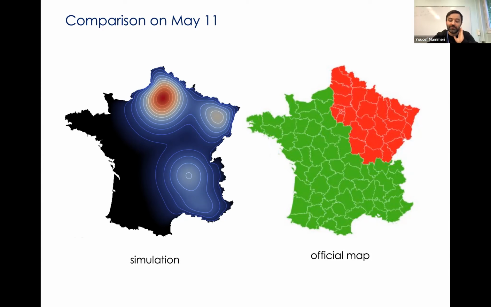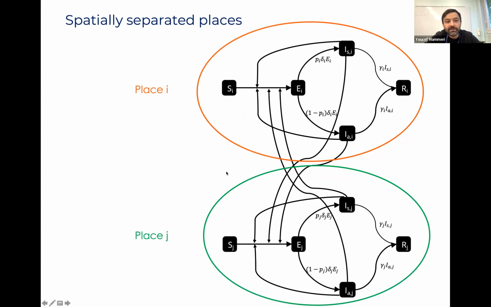So the next question was, what happens if you have a spatially separate country, or a country with many islands? Can we do this kind of thing, not for just one country living on its own, where the frontiers were closed during that time, so it's quite easy? But you have to have a separate place. The idea would be exactly the same, but in each place I will use my model.